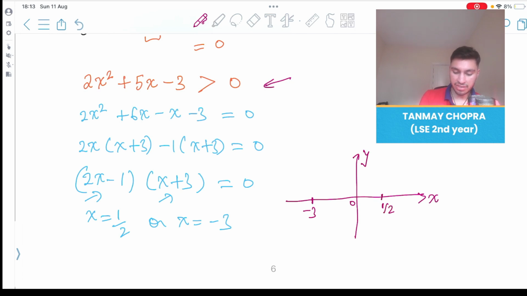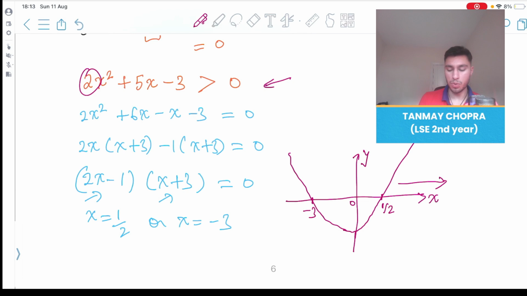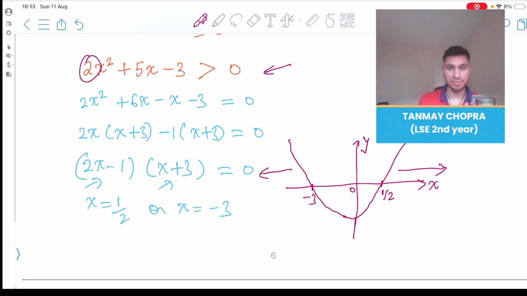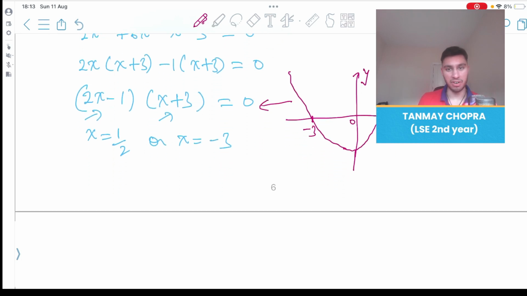Now, since the coefficient on x squared is positive, I know this is a smiley face. So it intersects the y-axis somewhere down here, then it goes back. So it is a smiley face, I know. But where is it greater than 0? It is greater than 0 when I go towards the right of 1/2 or I go towards the left of -3. Do you see? So now how will I write this in set notation?